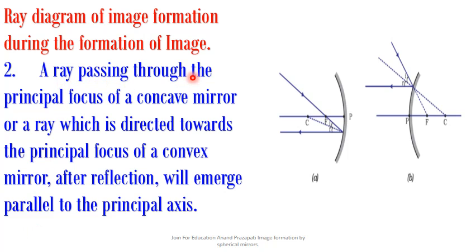A ray passing through the principal focus of a concave mirror, or a ray directed towards the principal focus of a convex mirror, after reflection will emerge parallel to the principal axis. So this is the second property of the ray diagram.